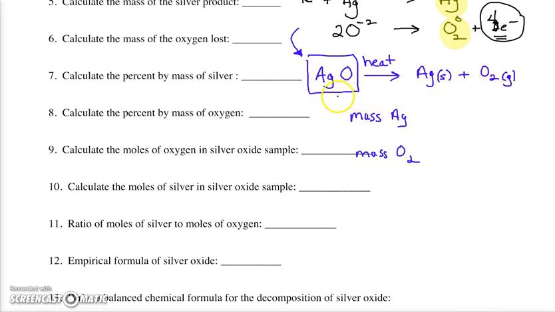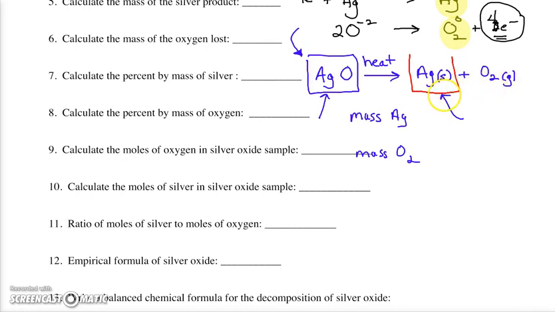And we're going to keep heating and remassing. So we mass our silver oxide, then we heat, and then we mass what's left over in the crucible. Now the crucible, of course, is that porcelain piece of equipment that is used to heat things. And over time, we're going to drive off all the oxygen.